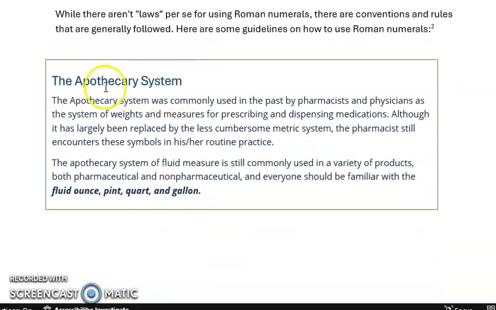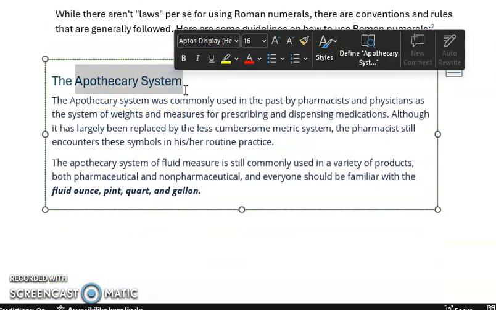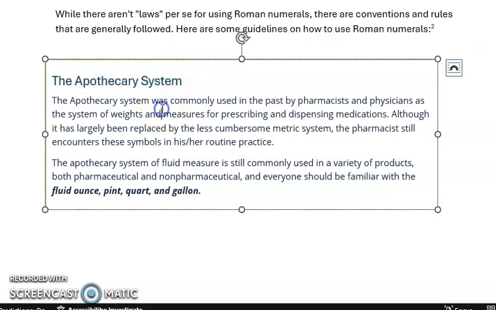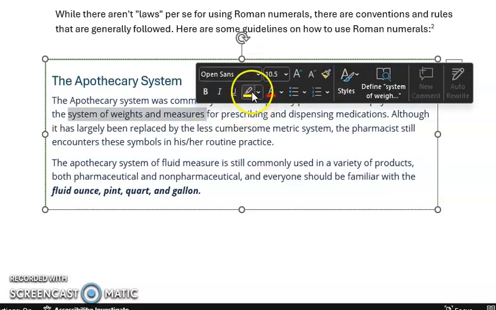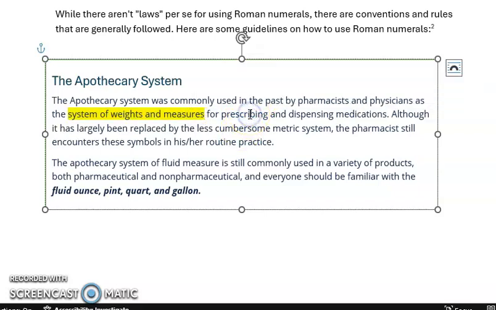Now, what is the apothecary system, you may ask? Let me introduce it to you in this recording. However, we will do it again in the next time we meet. Apothecary system was commonly used in the past by pharmacists and physicians as a system of weights and measures for prescribing and dispensing quantities, volumes of medication.